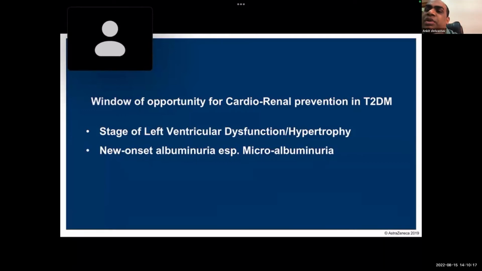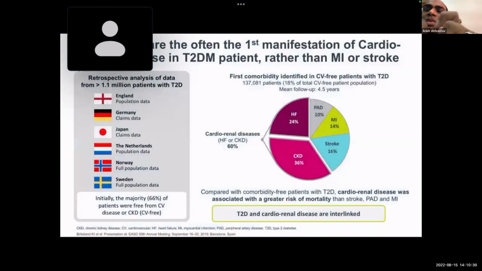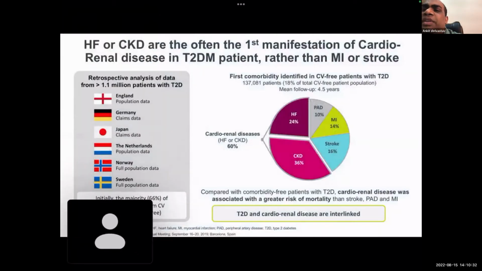Window of opportunity for cardiorenal prevention in type 2 diabetes. The stage of left ventricular dysfunction or hypertrophy and the new onset albuminuria, especially microalbuminuria, is important. Heart failure or CKD are often the first manifestation of cardiorenal disease in type 2 diabetes patients rather than MI or stroke.